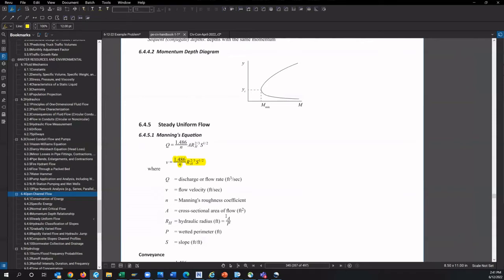Then we have slope, which is in feet per foot. We have something given in percentage, so we'll have to convert that to a decimal for our equation.